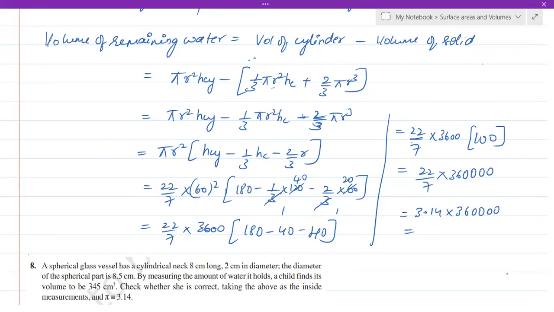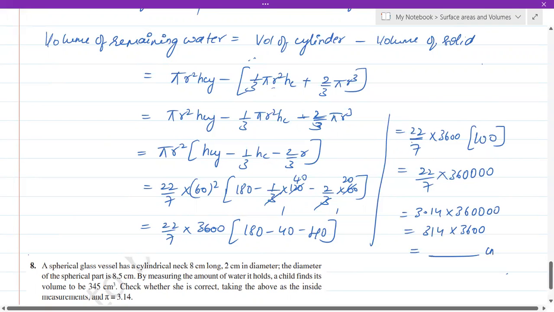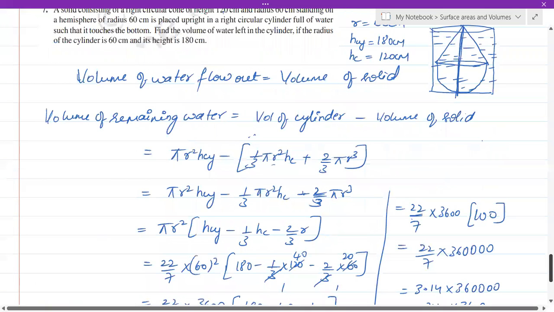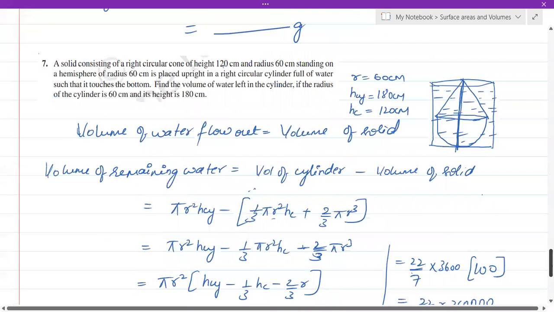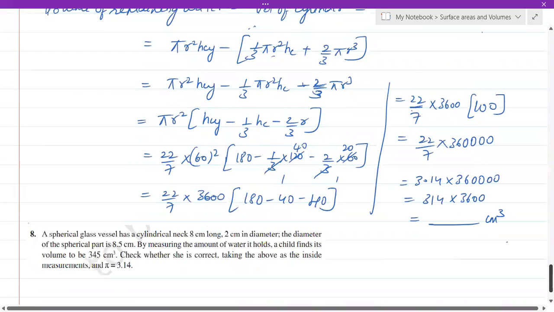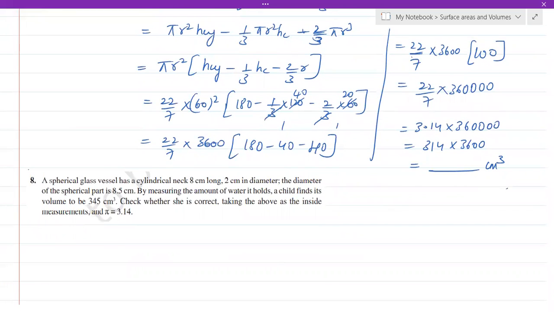If you remove the decimal, it will become 314 into 3600. Multiply this, so much centimeter cube. That's the volume of the water that is left in the cylinder. So let's get into the next question.